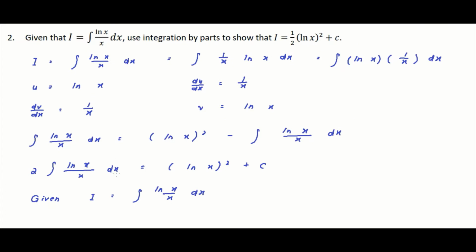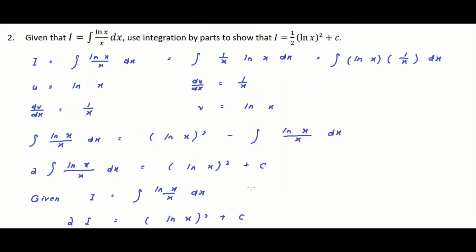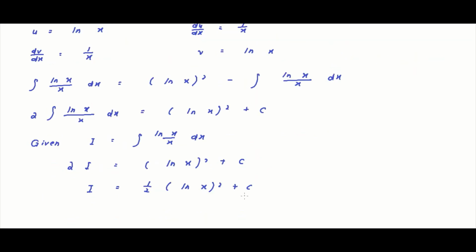So you have your 2I equal to ln x squared plus c. Okay, so I will be equal to 1 over 2 ln x squared plus c. So you get what the question wants you to prove: I equals 1 over 2 ln x squared plus c.